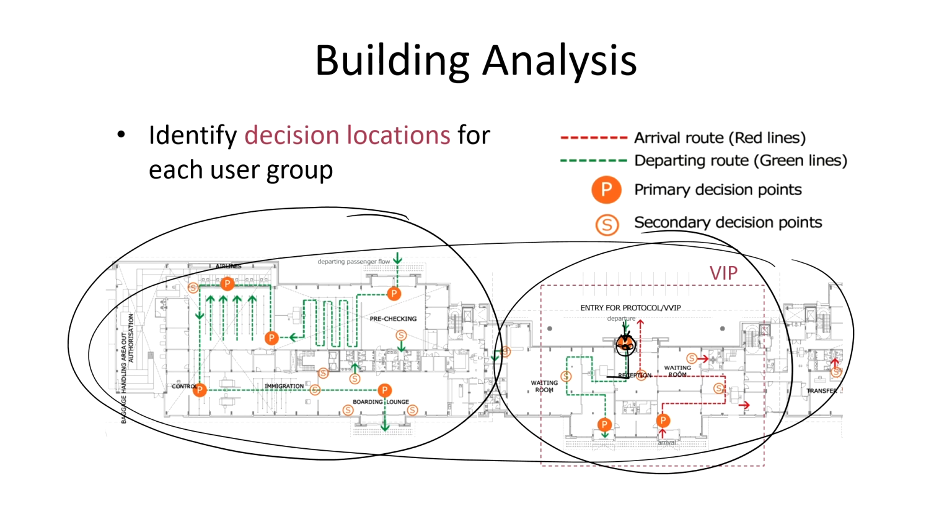In the provided image, the departing passengers are represented with the green lines. So, this is the proper route of the departing passengers, which are moving from here to the control, then immigration and then the boarding point. Whereas the red line indicates the arrival, which is this one, that too for the VIP. And here the departure of the VIP people.